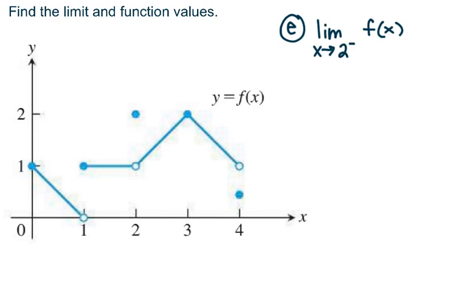We have a minus sign superscript following that. That means we are approaching 2. We are traveling along the graph from the left toward x equals 2. And we see that our output y value here is positive 1.